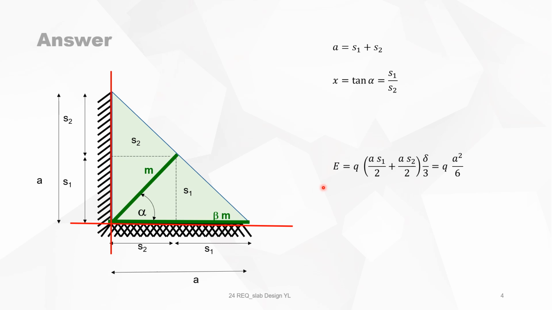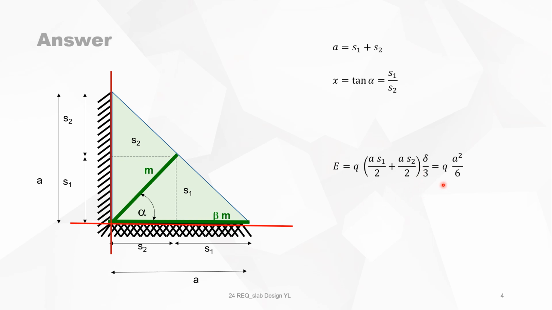The work done by the external forces is the load times, for this triangle, A times S1 divided by 2, and for the other triangle, A times S2 divided by 2, and then multiplied by the mean deflection, where the maximum deflection is delta, and the mean deflection for triangles is delta over 3.